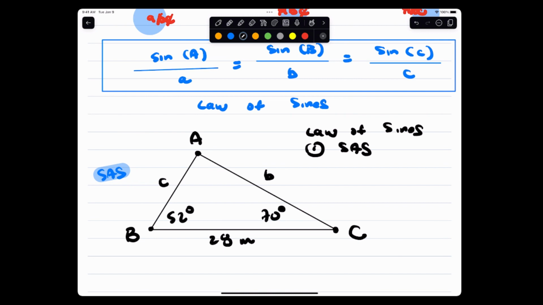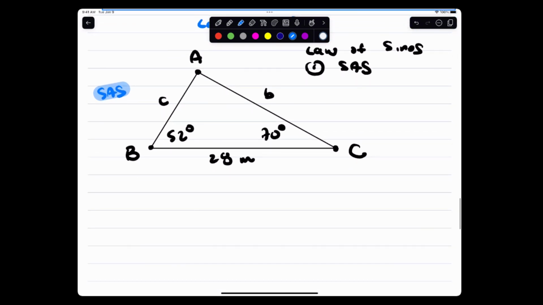Okay, so notice what they did here. I'm going to change the colors, though, on you. They're going to say, ladies and gentlemen, to do what? Solve the triangle.